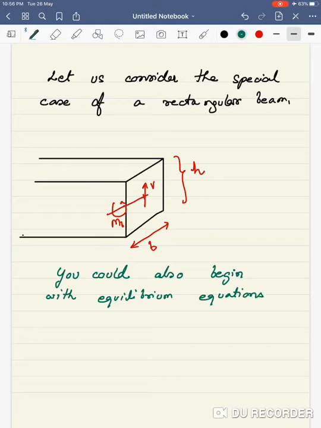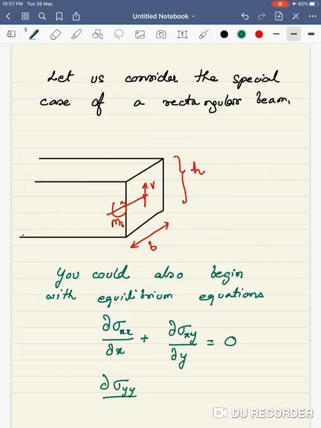Now the equilibrium equations were discussed in chapter 4, if you remember, and for a two-dimensional case, the equilibrium equations were going to yield del sigma xx by del x plus del sigma xy by del y equal to 0, del sigma yy by del y plus del sigma yx by del x is again 0.